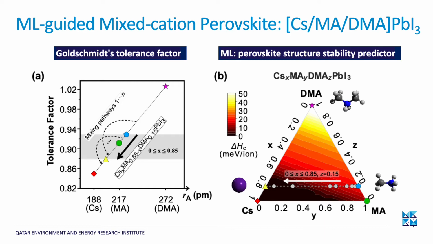This indicates the composition dependent stability of structure relative to its cubic structure counterpart. Interestingly, the ML's phase stability diagram shows that we can expect a better cubic phase stability at MA and cesium intermediate concentrations.